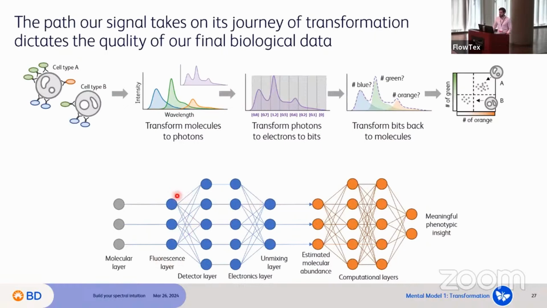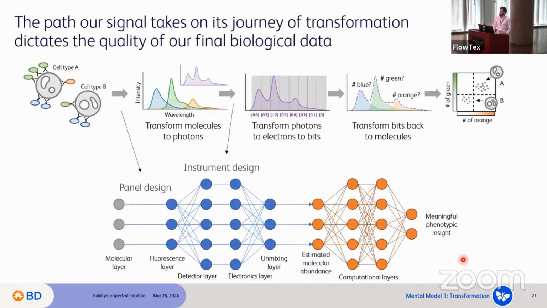So we're encoding our molecules as fluorescences. We're then translating that to some number of detectors that are converted to an electronic signal and a digital signal, and then we do some sort of unmixing to get our final biological signal back that feeds into our actual analysis.